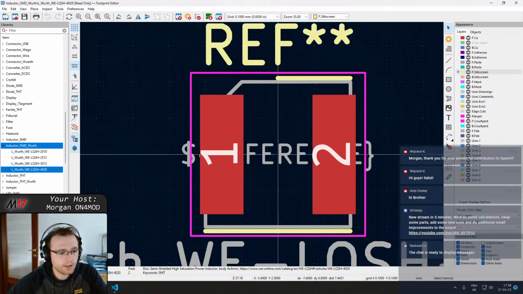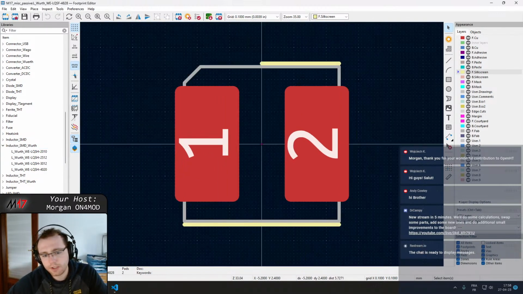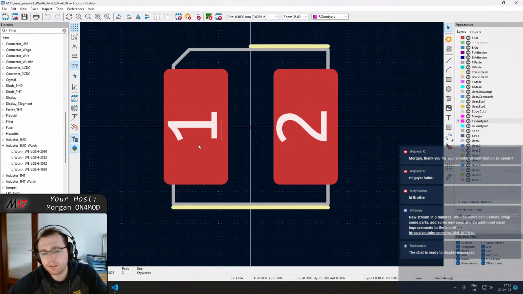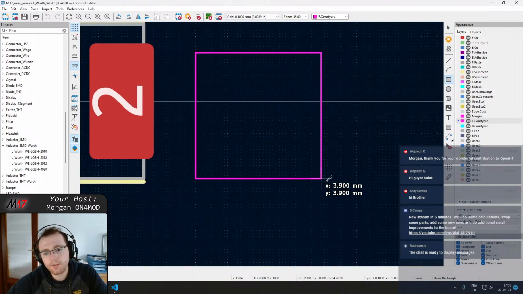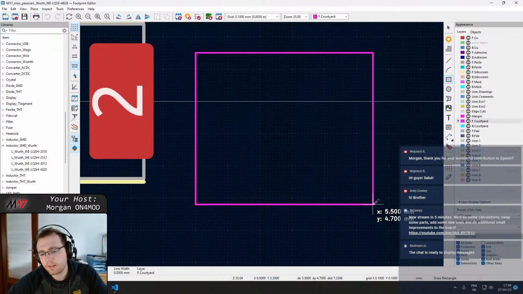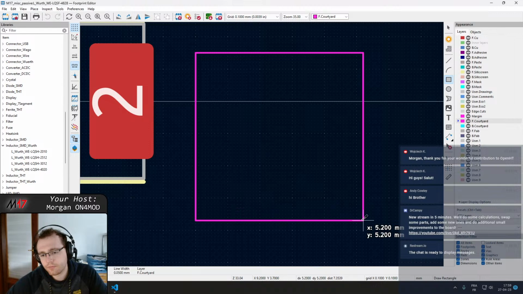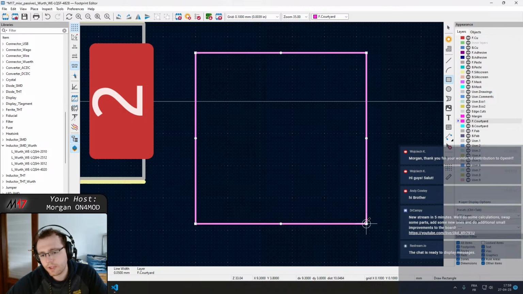Yeah, I'm not gonna follow them on that one. I like my boxes to be square, especially if the device is square, the courtyard, as they call it. So let's do a square, it makes more sense. Yeah, like this.